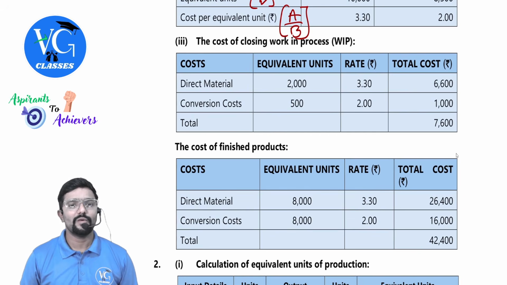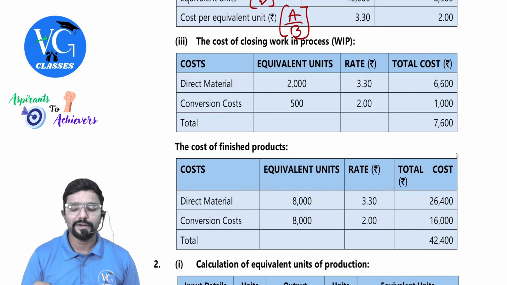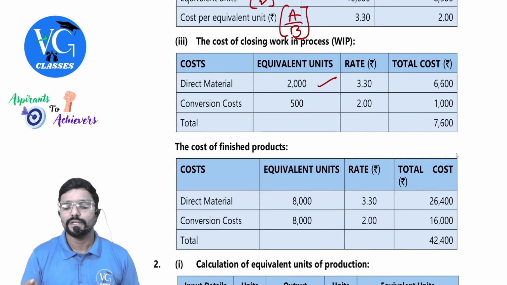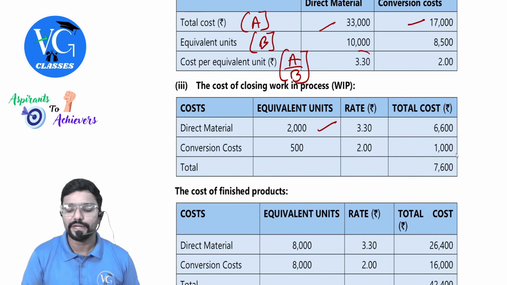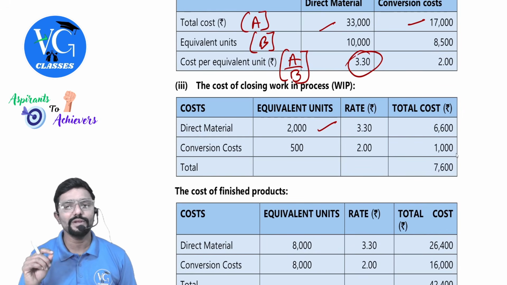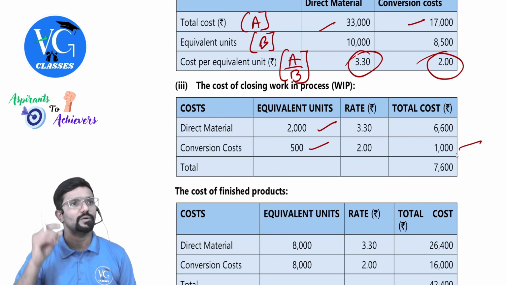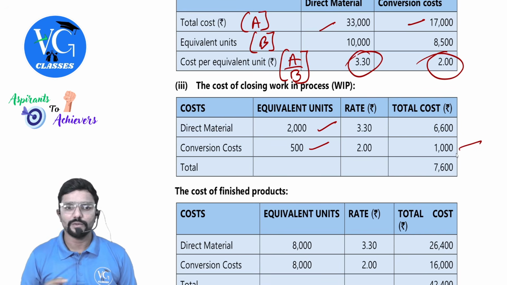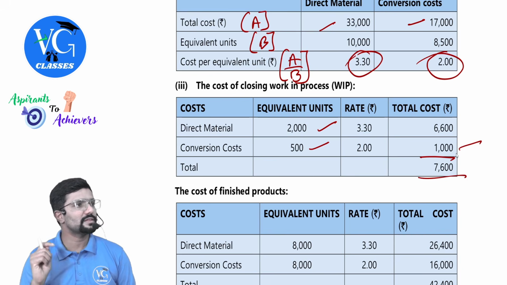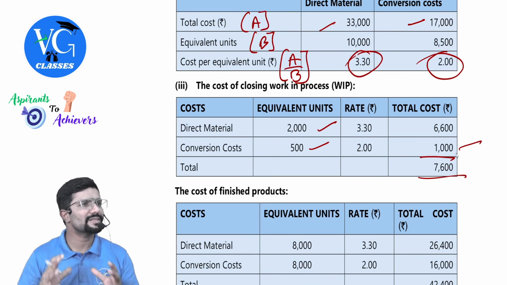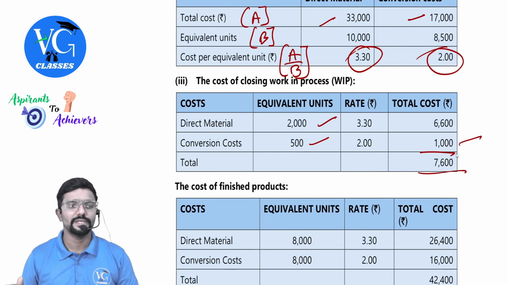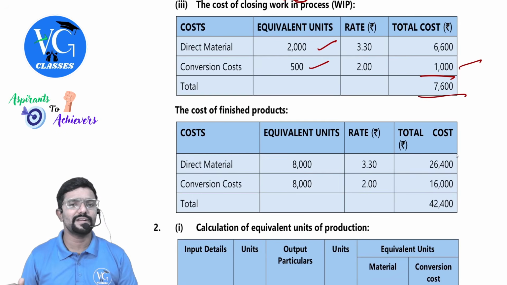Now valuing the work in progress: direct material equivalent units 2,000 into cost per equivalent unit 3.3, you will get 6,600. Then conversion cost 500 into cost per equivalent unit 2, so the amount is 1,000. So the total comes to 7,600, which is the cost of closing work in progress.